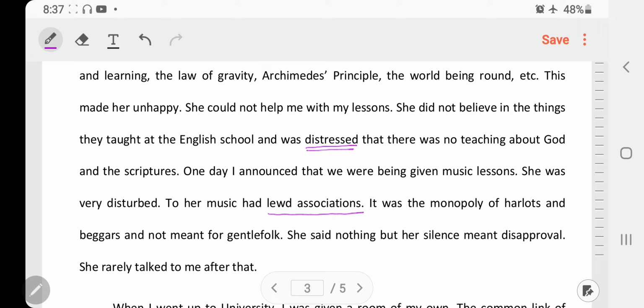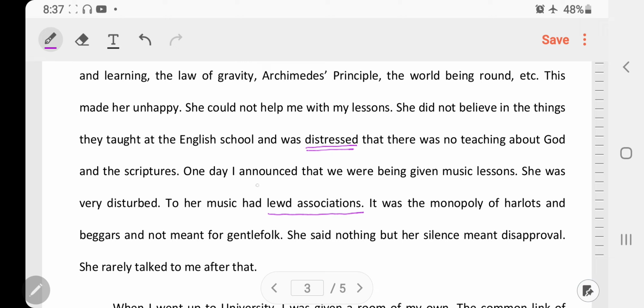It was very difficult for her to digest this music, and that it is also a part of the education. That is the part of the teaching. Oh, this is terrible. She could not digest it. Why? Music had lewd association. She believed so.